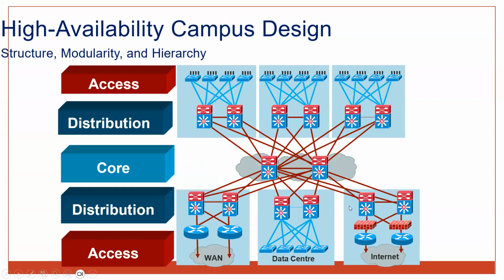Now, again, before going there, you can see these access layer switches. In CCNA days, we used to learn that we have network terminating devices. Network terminating devices means that your network will end there. So where will your network end?